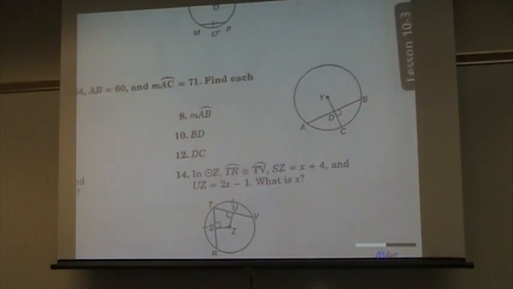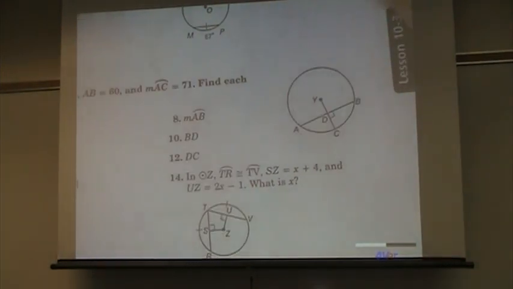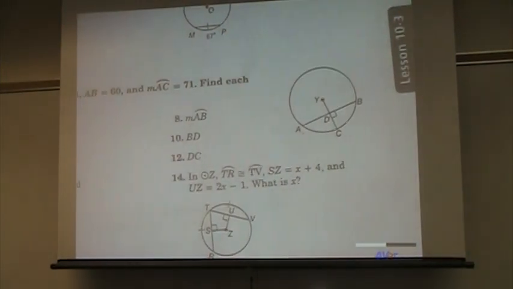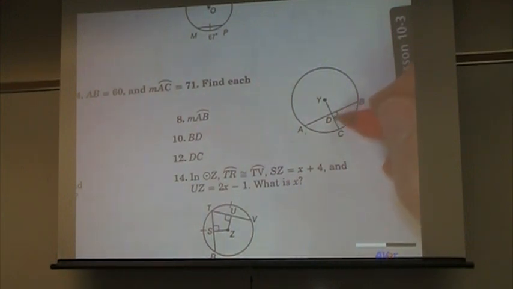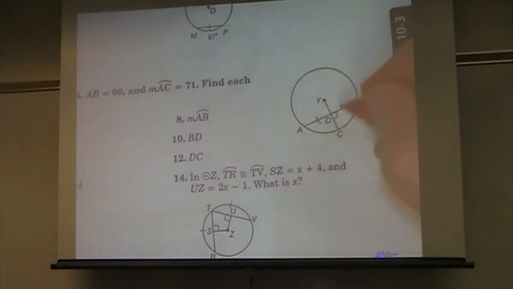So we have to use the fact that this chord is a 90-degree angle, so it's going to be bisected. I wonder if that's bisected as well. My guess is that's bisected as well.